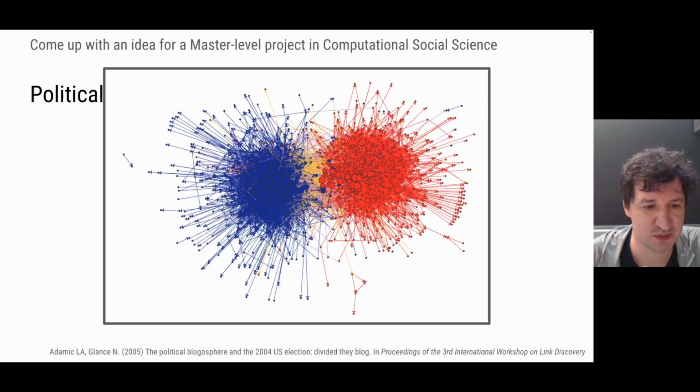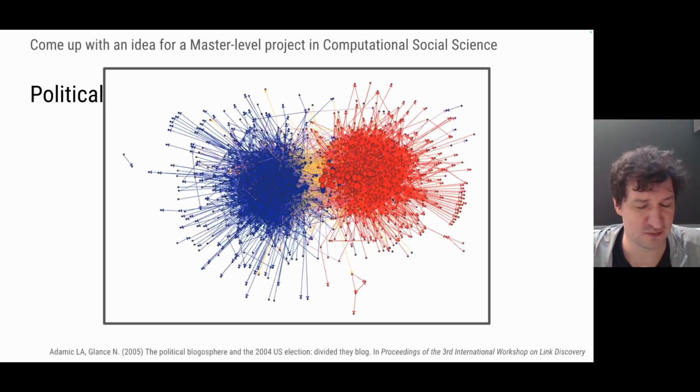In this paper, published in 2005, people were studying different blocs, Republican and Democratic blocs, and how people reference each other, and they found a strong polarization between right-wing and left-wing blocs. At the moment it was a very interesting result, but because there was so much follow-up work and it all found the same thing, it's a boring project, and I would never suggest it to a student.